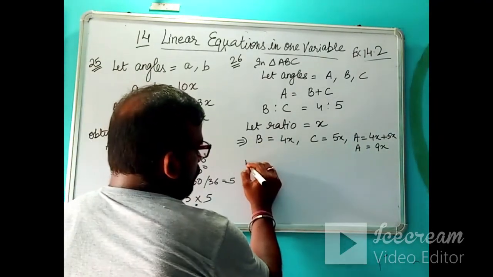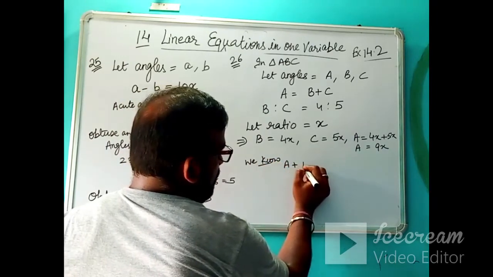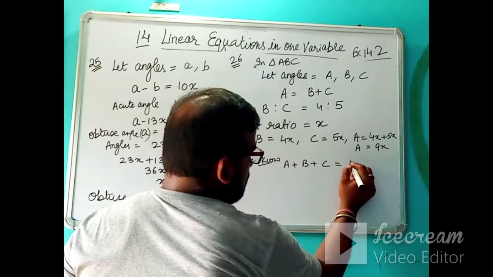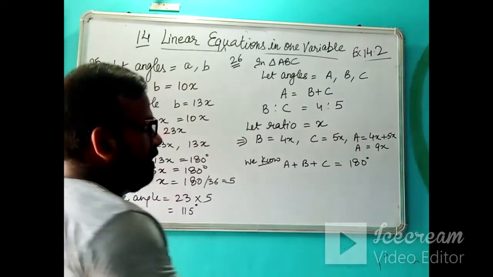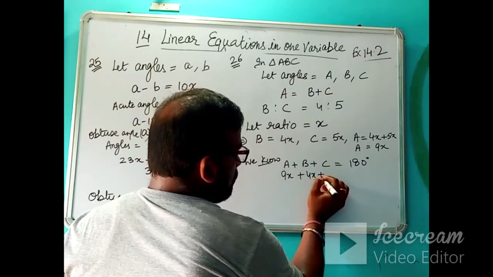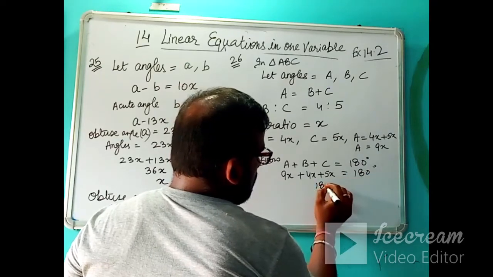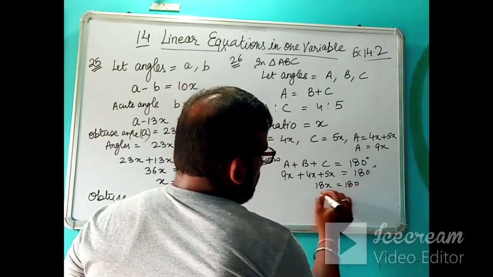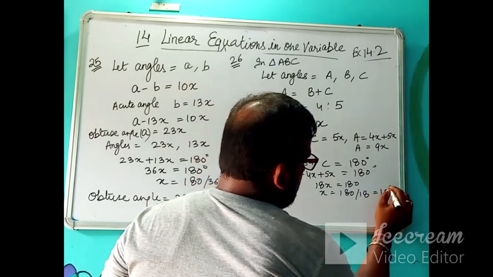What we know is A plus B plus C makes a sum of 180 degree, the angle sum property of the triangle. So substitute the values. So x will be 180 by 18, that is 10 degree.